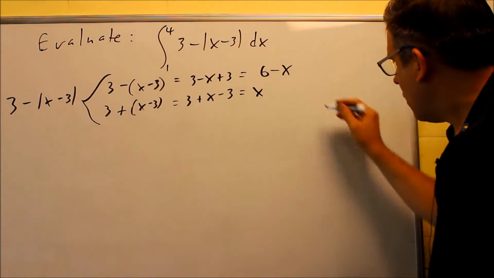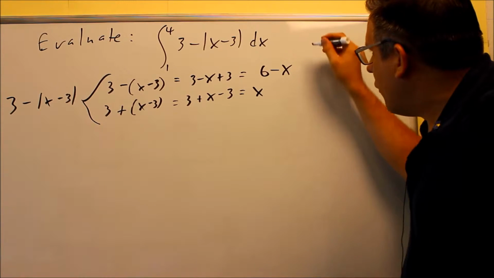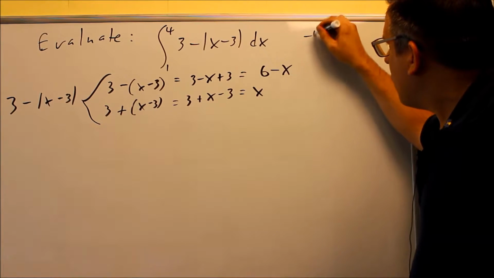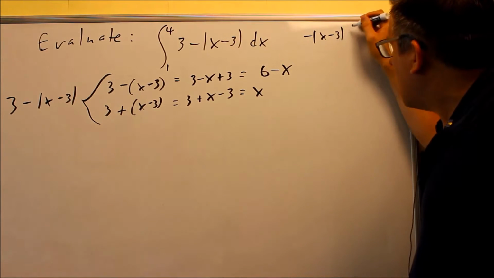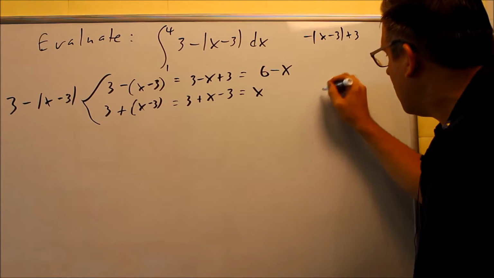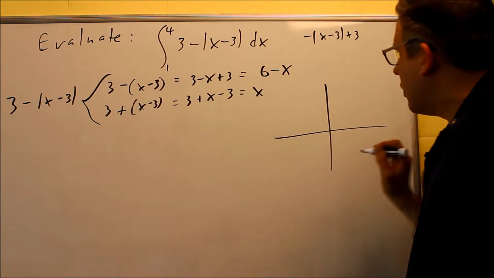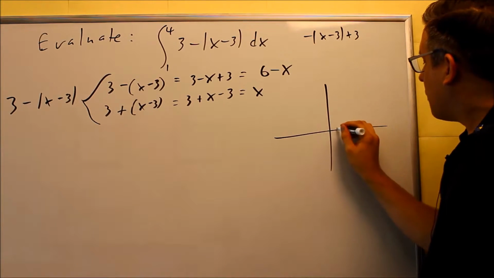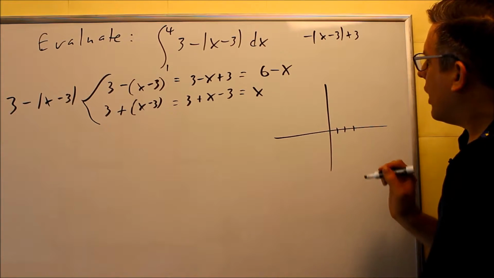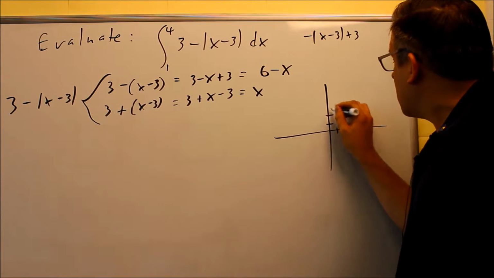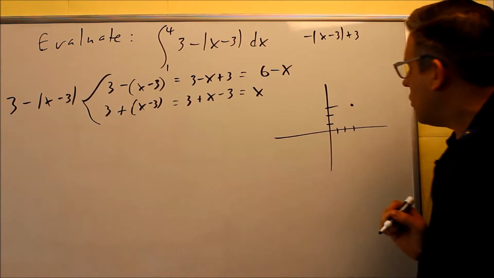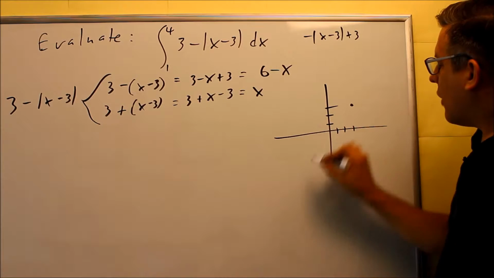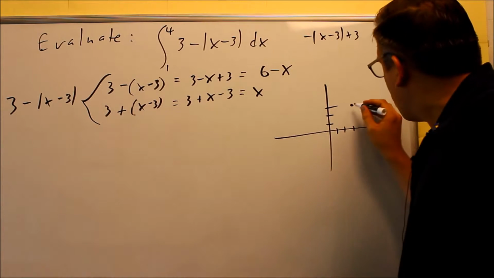Now why is that? Let's take a look at the graph of this one. This can be thought of as absolute value x minus 3, and then plus 3. When I draw the graph, you're starting from 0, 0, moving it 3 places to the right, and then up 3 units, and so you get this, and then you have these two lines that come down for each one.